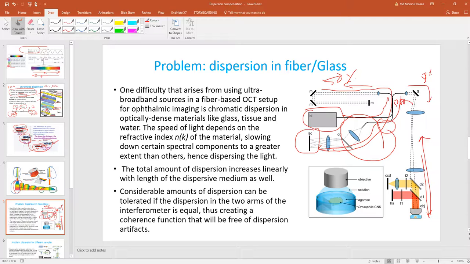If we can make sure that both paths experience the same amount of glass, then the dispersion will be very negligible.